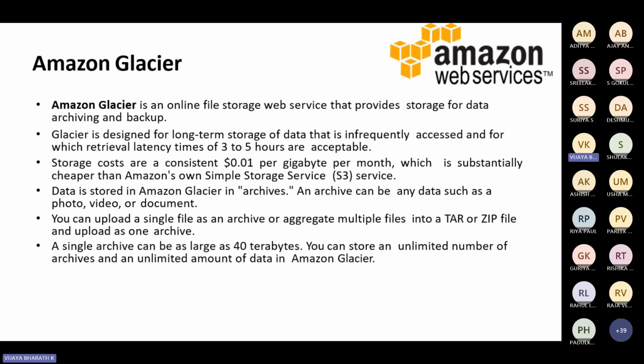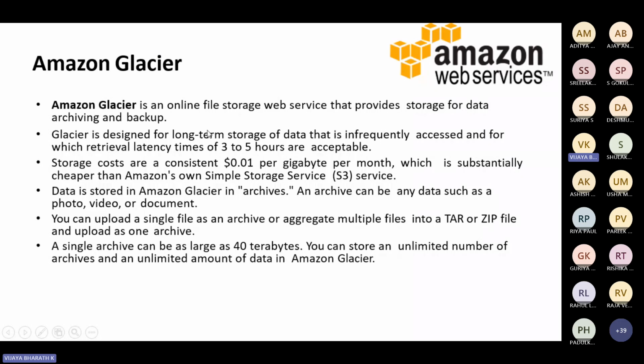Coming to Glacier, it is again a storage area where you can store archival data that you don't want to access frequently. You store it and access it once in a while, in years, let's say. Those backups you can store in S3 Glacier.